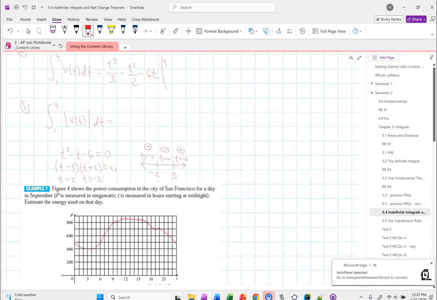Everybody agree with that? So if I take the negative of that velocity, it would then be a positive velocity, right? That's like what I do when I take the absolute value of a negative number. So I make it negative on top of the negative and they cancel each other out. And then from 3 to 4, the velocity is positive, so I can just add that area.